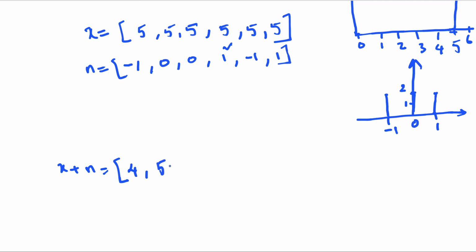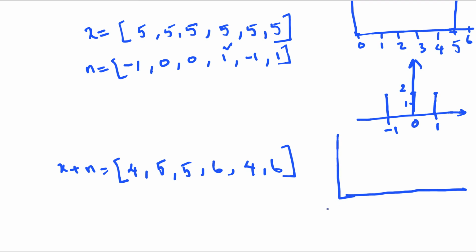If you plot the histogram of this vector x plus n, then you can see that this is 0, 1, 2, 3, 4, 5 and 6. I have 2 fives, 2 sixes, and 2 fours, so all these counts are 2.